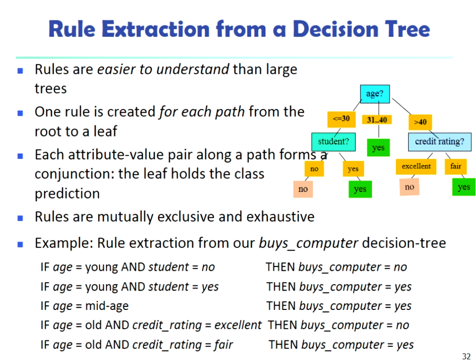Example, rule extraction from our buys computer decision tree. Here, the first rule: if age equals young and student equals no, so here we assume that this is young.